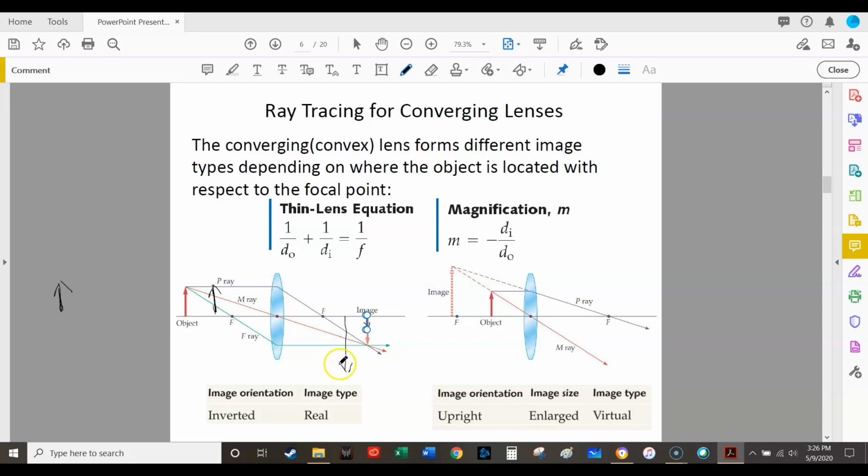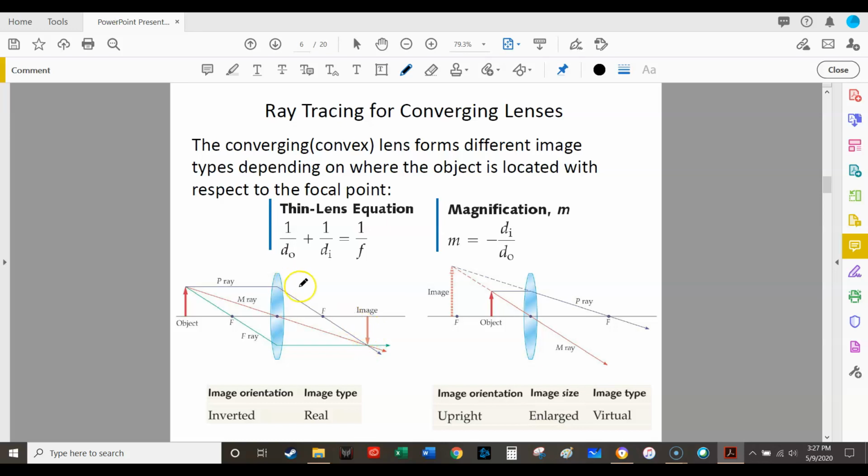So drawing this, there's really not enough information to decide if the image is going to be enlarged or small or even the same size as the object. But what we for sure know is that the image will always be inverted and it will always be real.